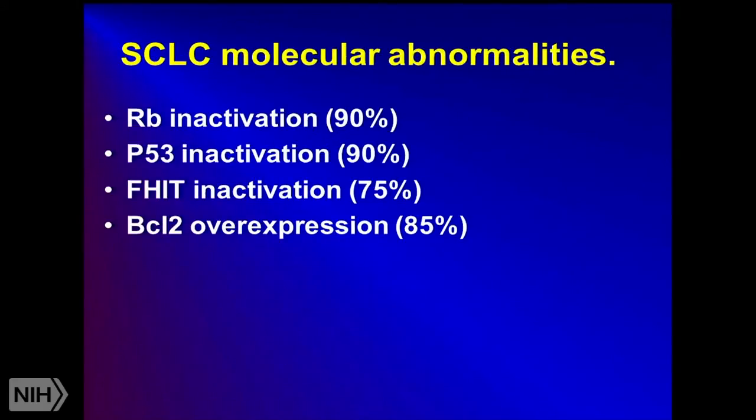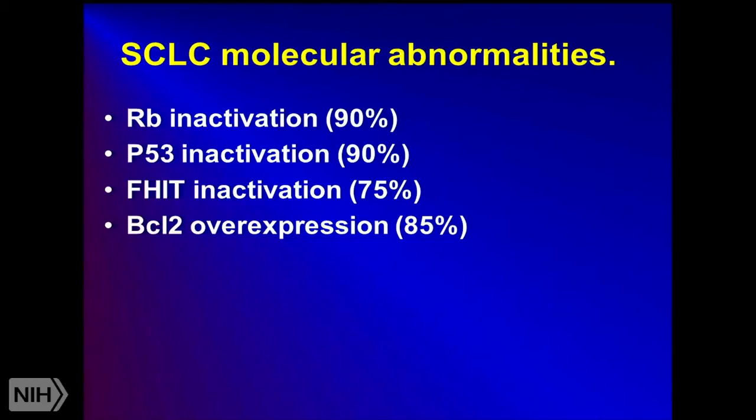So in small cell lung cancer then, we have several things going on, such as there's RB inactivation in 90% of the patients. We mentioned P53. It's a tumor suppressor gene. It gets inactivated in about 90% of the small cell lung cancer patients. Another thing that's inactivated is FHIT in about 3/4 of the patients.